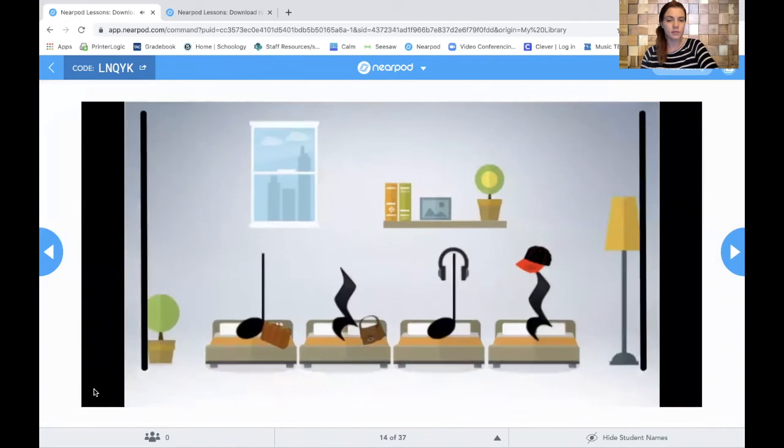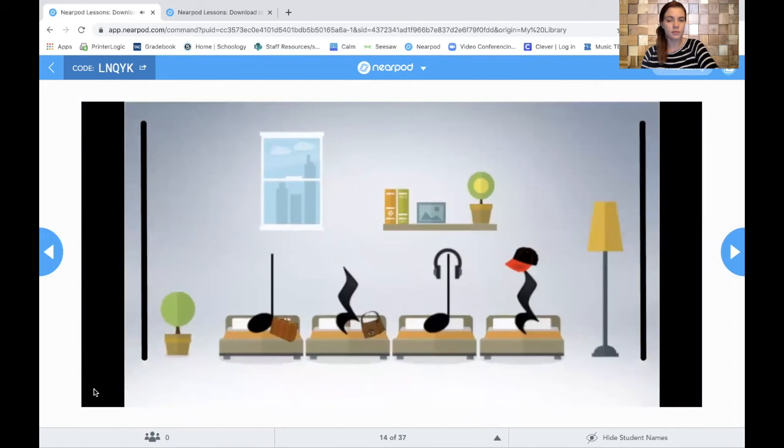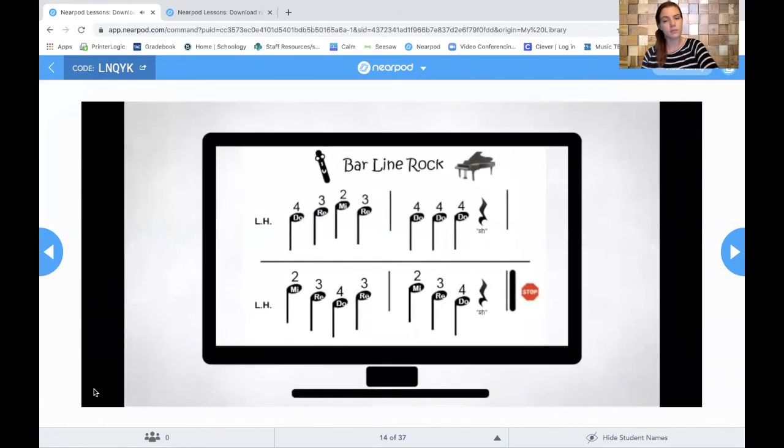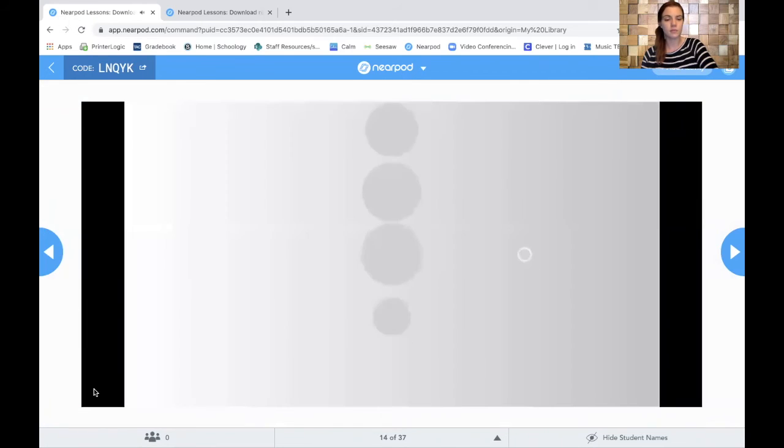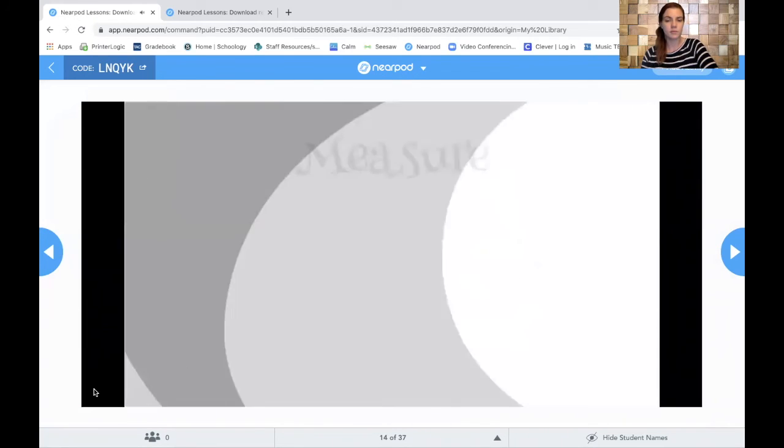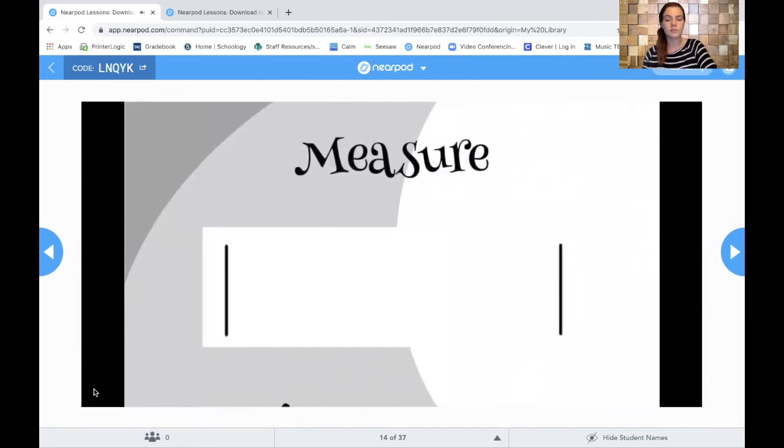If we take a close look at one room, we notice the music notes are all together on their own bed, and the bar line acts as walls in the hotel. Let's take a look at the piece Bar Line Rock. Can you guess how many measures there are? If you said 4, then you are correct.